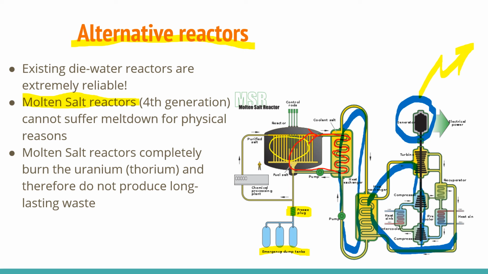Now, there is, as always in life, something not so easy as it should be. And this is this small arrow here. What's going on here? There's a chemical processing plant. Why that? During the fission process, you have these new elements generated.